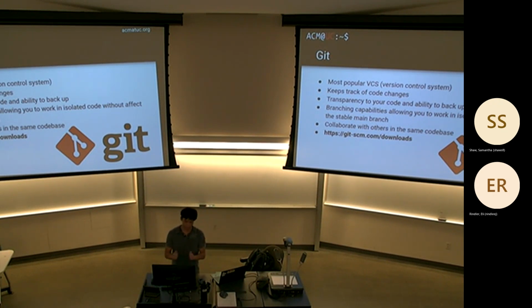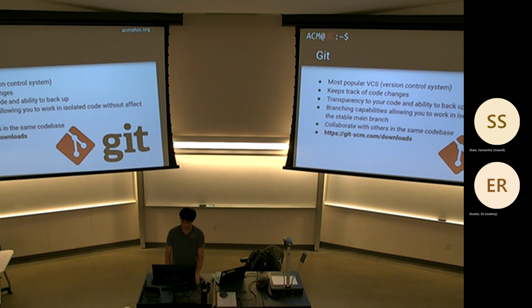The main thing about Git is its branching capability, allowing you to work in an isolated branch of code without affecting the stable main branch. Therefore, it really allows for collaboration with others in the same code base.